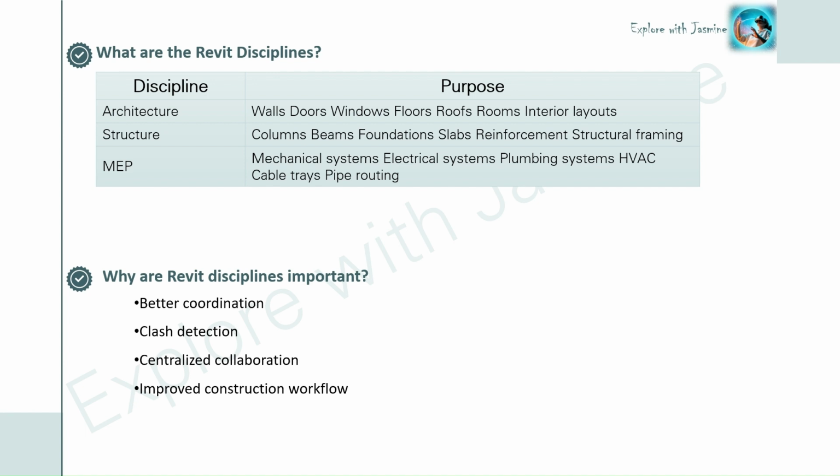Structural Revit is used for analyzing and modeling structural elements that support the building, such as columns, beams, foundations, slabs, reinforcement, structural framing. For MEP Revit, it's used for building services coordination, such as air conditioning, electrical, and plumbing systems.